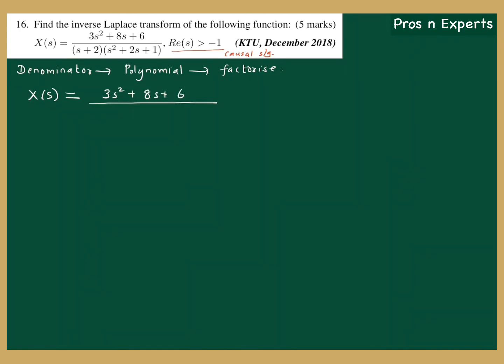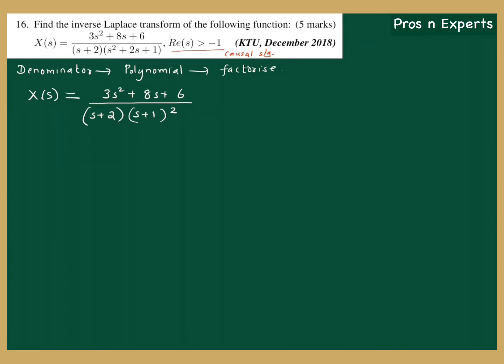In the denominator, s plus 2 is a factor itself, good. But the next term, s square plus 2s plus 1, is not a factor but a polynomial. Can you make it a factor? Of course you can, because it is nothing but s plus 1 the whole square. Now we have the denominator in factor form.